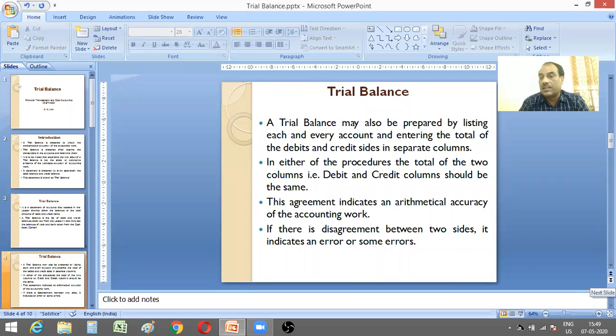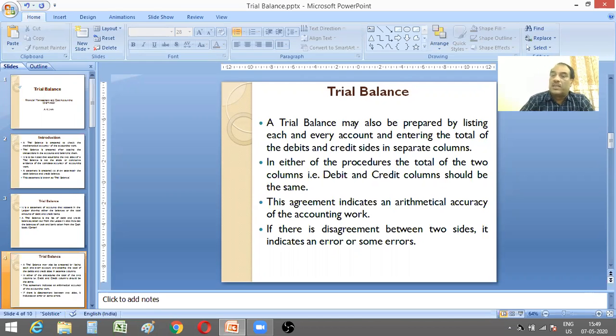So we have already discussed that trial balance can be prepared in two ways. One, where the debit and credit balances are taken, and the other is where you list all the credits and all the debits, make their totals, and then check the totals. So this is the other way.